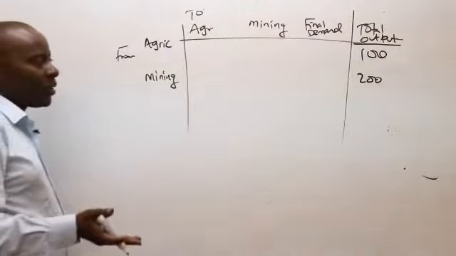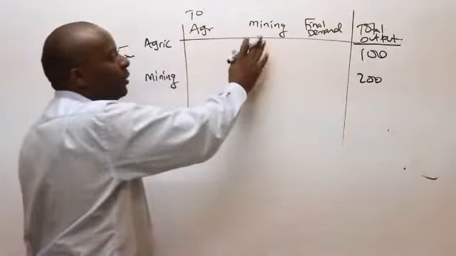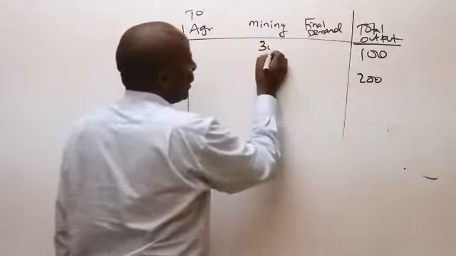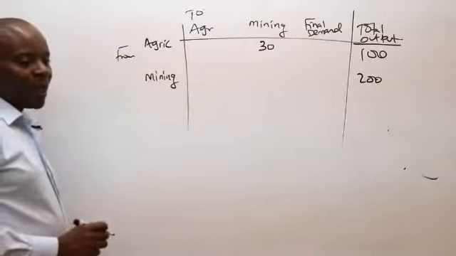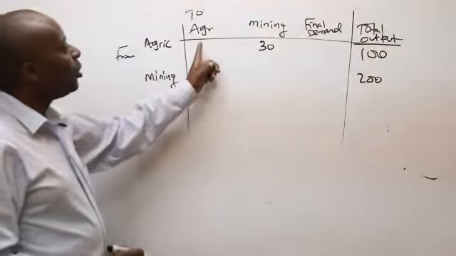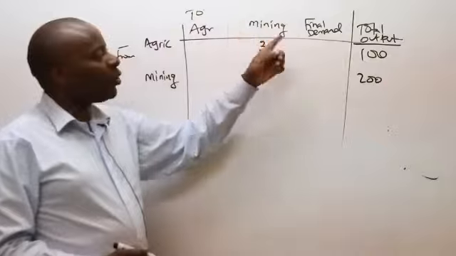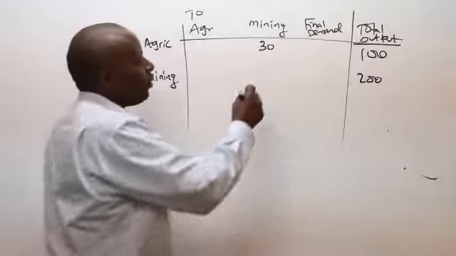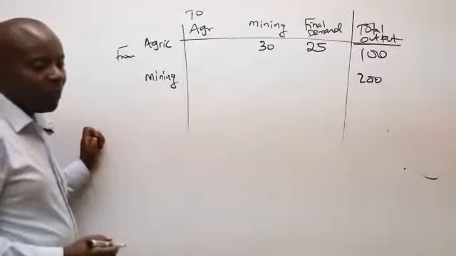Agriculture could have sold some bags of maize to the mining industry, say 30 kilograms. And some maize flowed out of the sectors for final consumption by us consumers, say 25 kgs, what we call final demand.